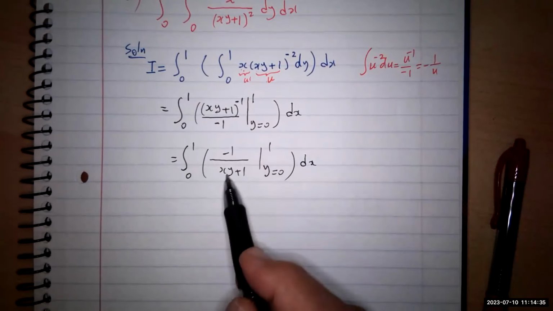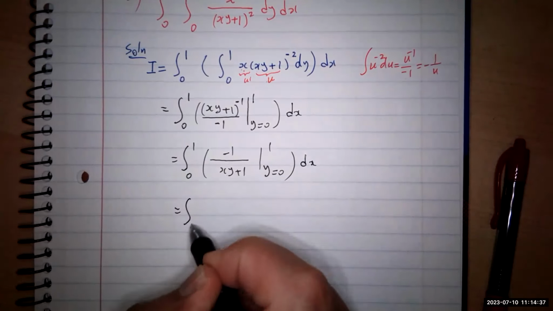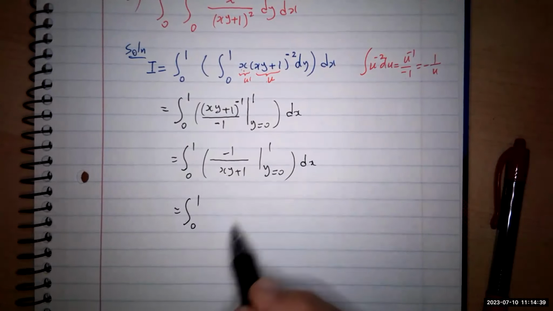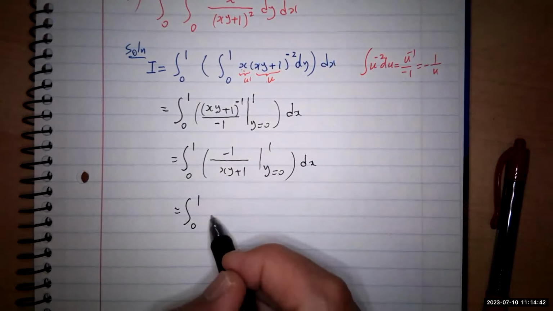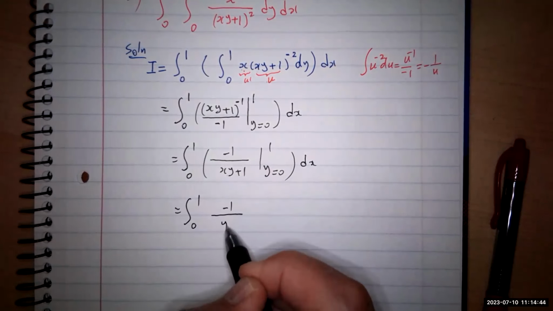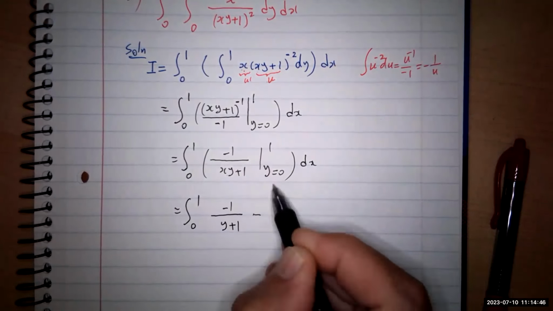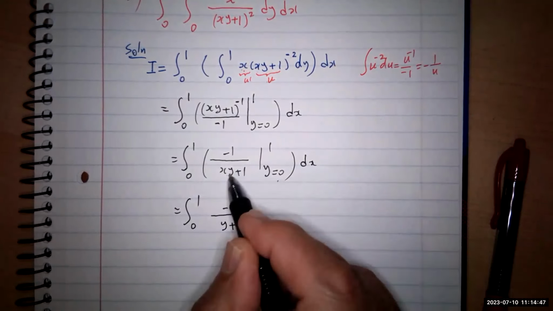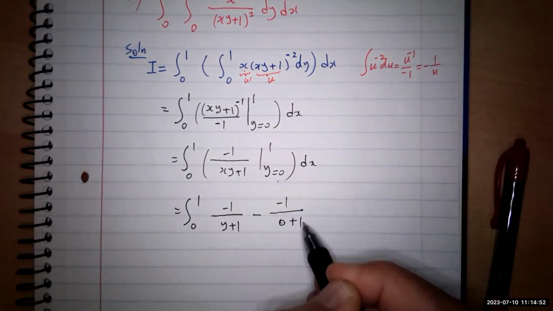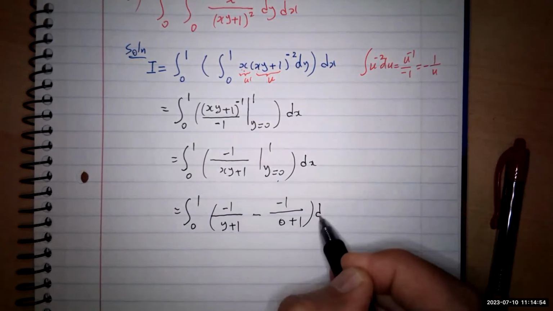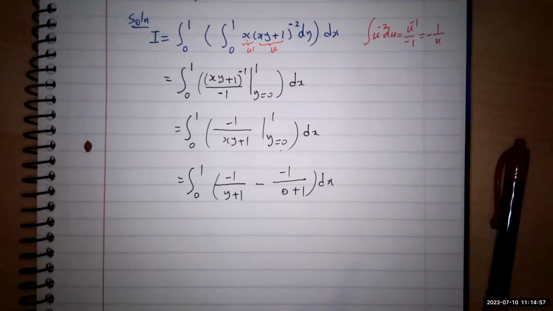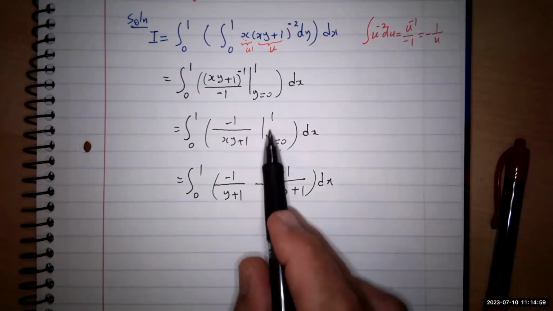Replace the y by 1. So it's going to be 0 to 1. If we replace it by 1, that gives me negative 1 over y plus 1, minus, you replace the y by 0. If you replace y by 0, it gives me negative 1 over 0 plus 1. Okay, the dx. I made a mistake here, sorry.